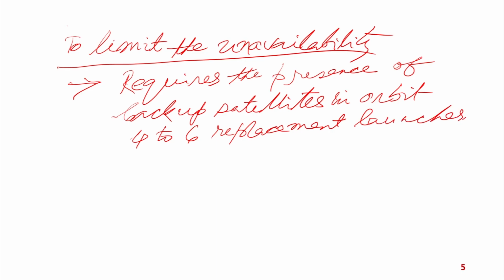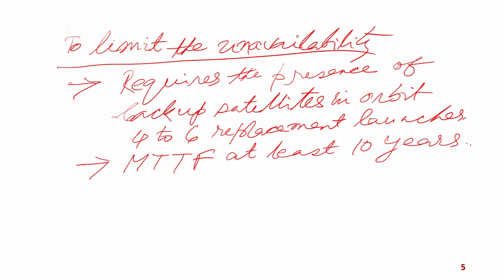The other criterion is that it should have an MTTF. For the satellite overall, that is the mean time to failure, apart from systems like the propulsion system, apart from the other systems, it should have an MTTF of at least 10 years, at least 10, 20 like that. We have seen that whenever we increase the MTTF, we are able to increase the mean time to failure of the satellite within its maximum lifetime.